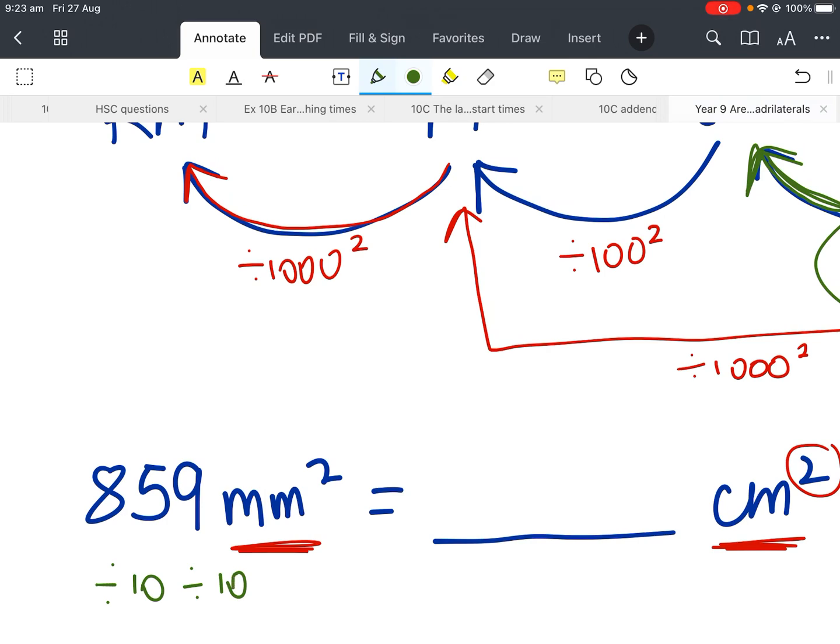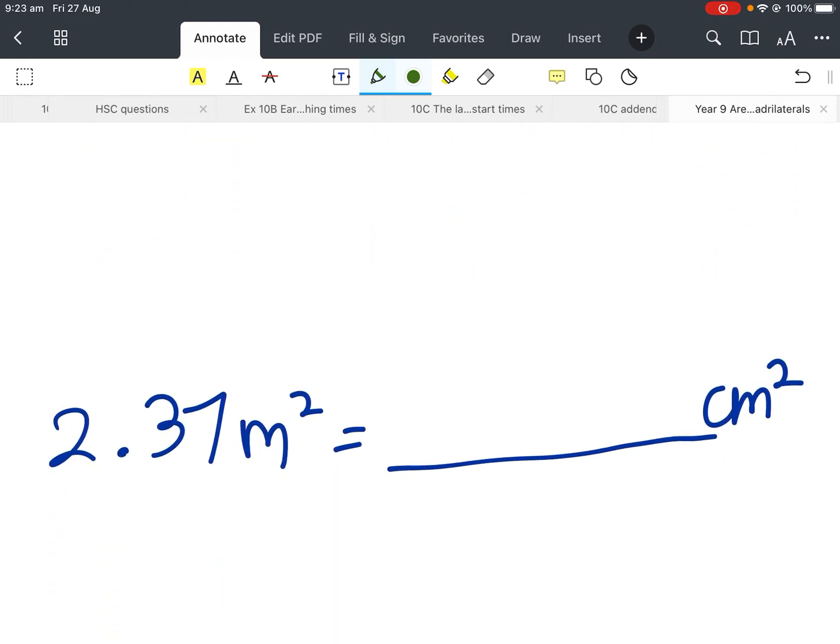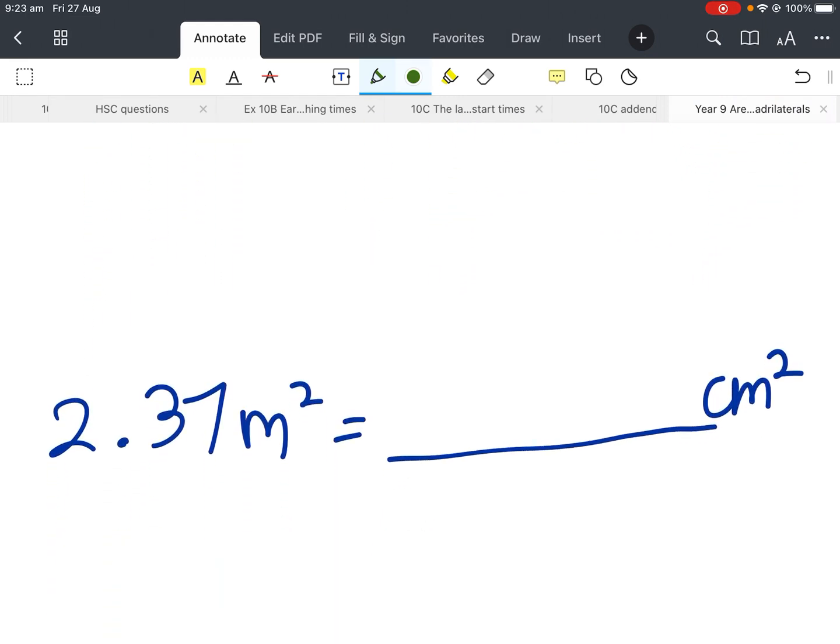If I do that on my calculator, or I can do it in my head really, every time I divide by any number with a 0 in it, I jump one place. So if I divide by 10 twice, I'm jumping 2 places. So my answer becomes 8.59 centimetres squared. So watch out. It's not divide by 10 because there's 10 millimetres in a centimetre. Because it's area, you must remember to incorporate that squared.